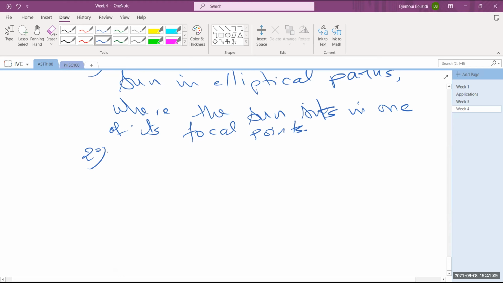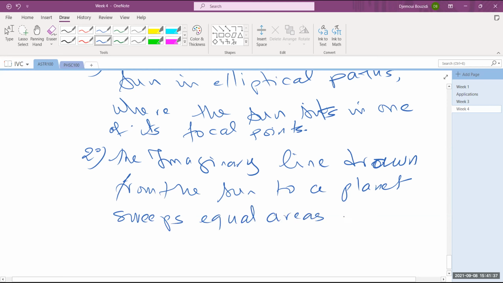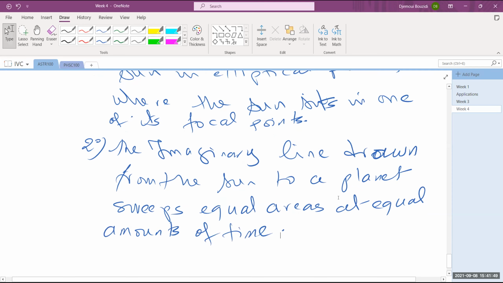The imaginary line drawn from the sun to a planet, doesn't matter which, the Earth or any other planet, sweeps equal areas in equal amounts of time. So that is law number two.